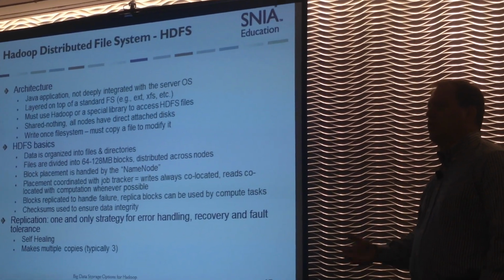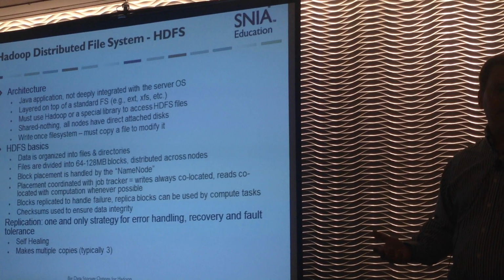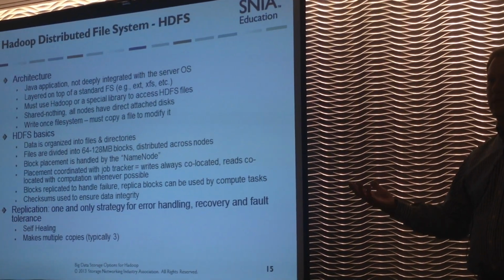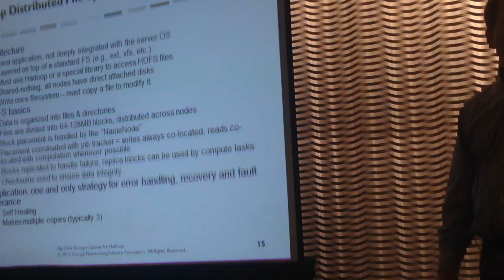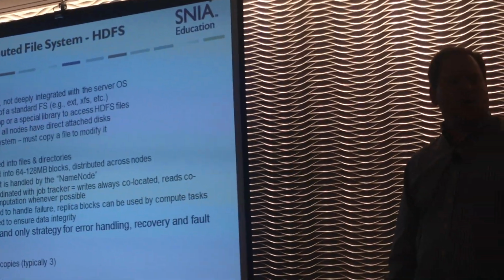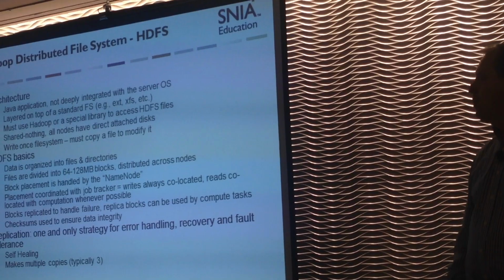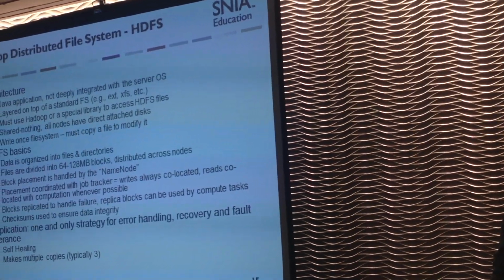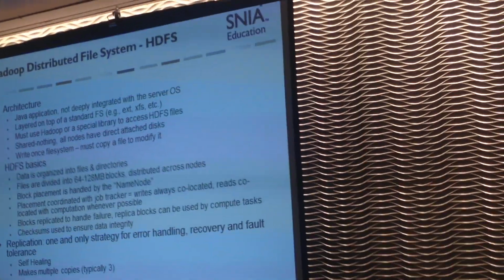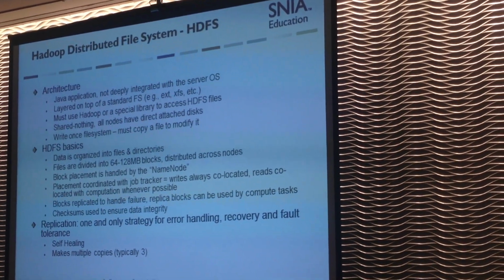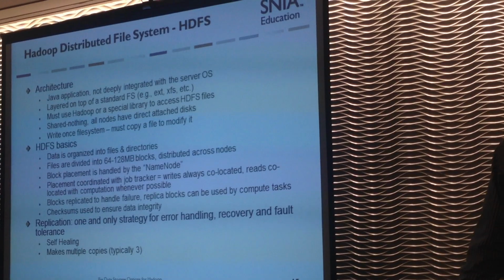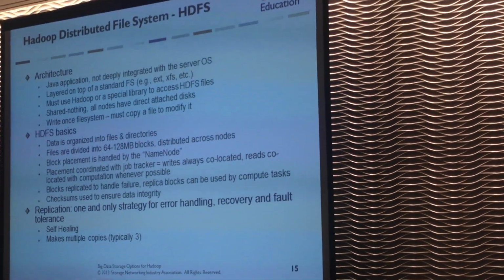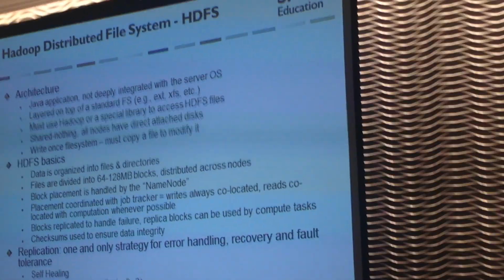Essentially, you have to go through the Hadoop code to get access to any of these files. Otherwise, they just look like a bunch of random files that don't make any sense. So there is some support to do this through Hadoop. You can do this with libraries instead of having to write a full Hadoop application, but fundamentally you have to go through the Java and HDFS to get any access to these files.